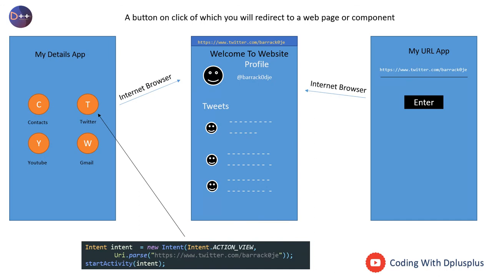When you click on Gmail in a particular application and it directly takes you to your Gmail app in your mobile phone, it's just a simple way of understanding how the implicit intent works.